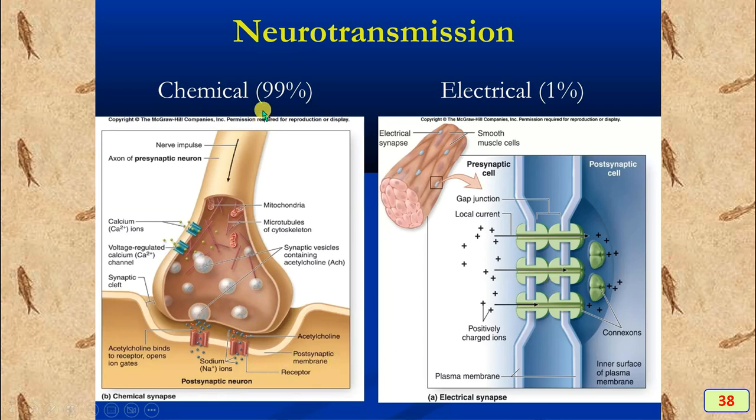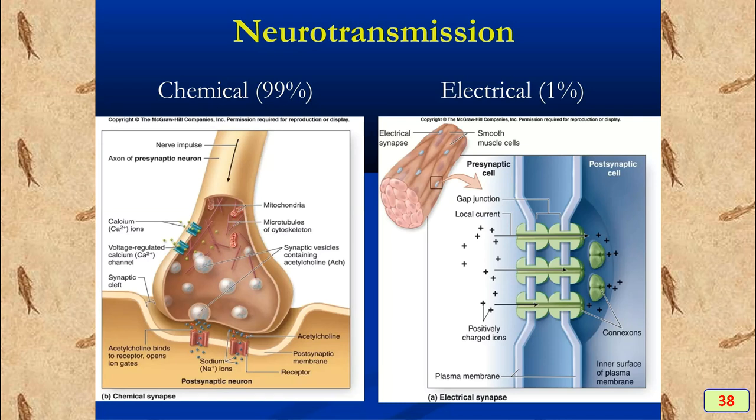So this is happening in 99% of the nerves, whereas the electrical type of neurotransmission is also happening in certain very specific nerves, like the smooth muscles or the presynaptic cells, which have a gap junction, and a small local current will be produced due to the presence of sodium ions.